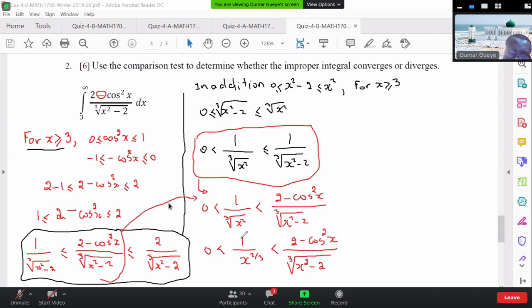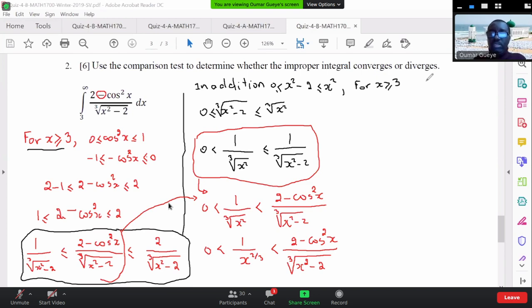And now by the p-test, the integral of this function is divergent because p is equal to 2 by 3, which is less than 1, by the first p-test. And if the integral of this function is divergent, by the comparison test that we've seen here, it means the integral of this function is also divergent.